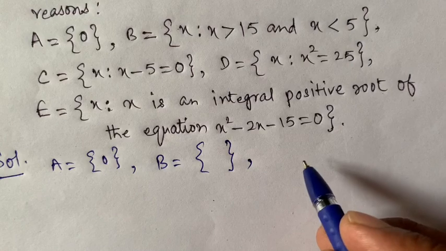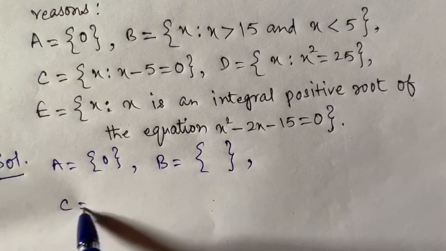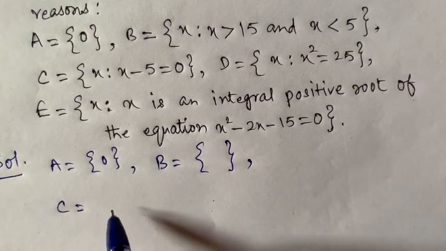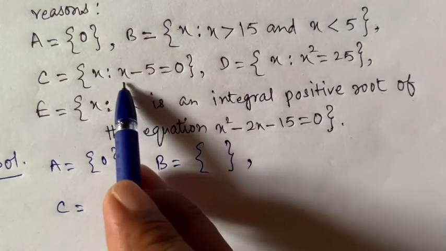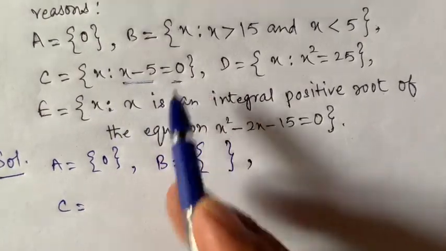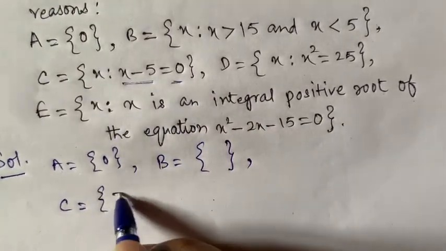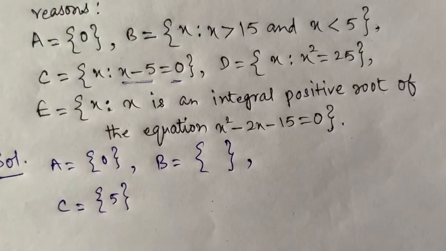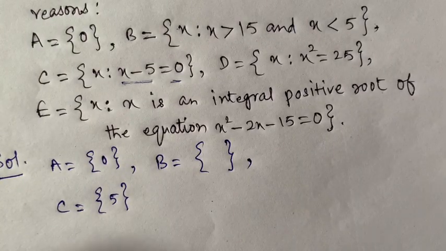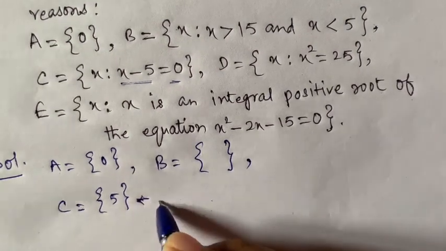We have set C there, and it is x such that x minus 5 is equal to 0, which will give us x is equal to 5. So C will have only one element, and remember, a set having only one element is called a singleton set. So it is a singleton set.